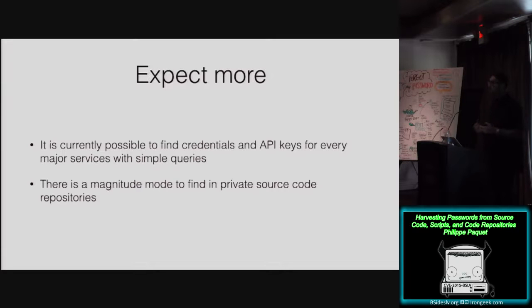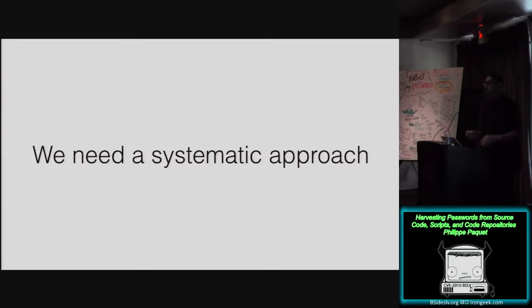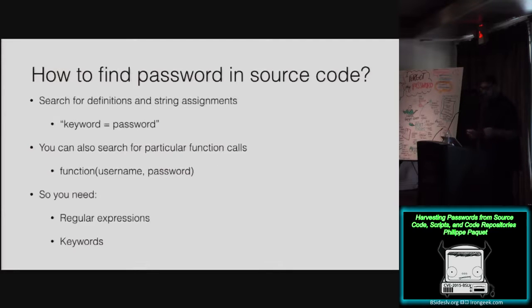If we want to get more from that than a simple search, we need a systematic approach. And it's actually really simple. Harvesting password is trivial. What do you need? You need a few things. You need to search for definition and string assignments. And you can also search for particular function names. You need to do that with regular expression.